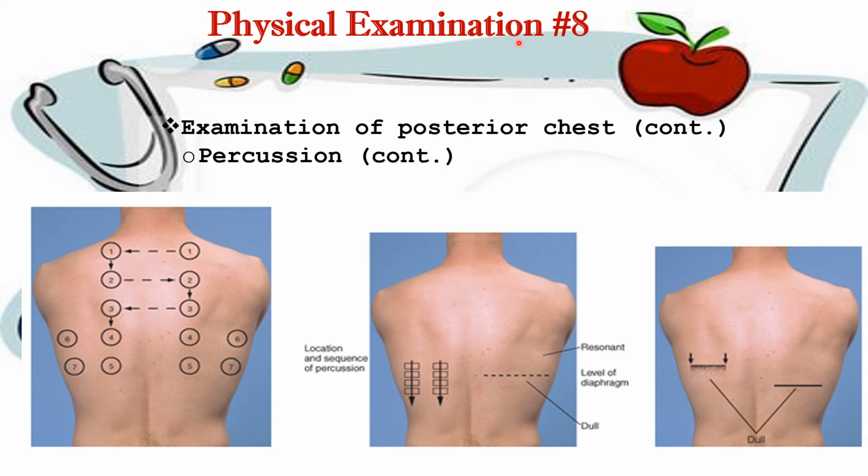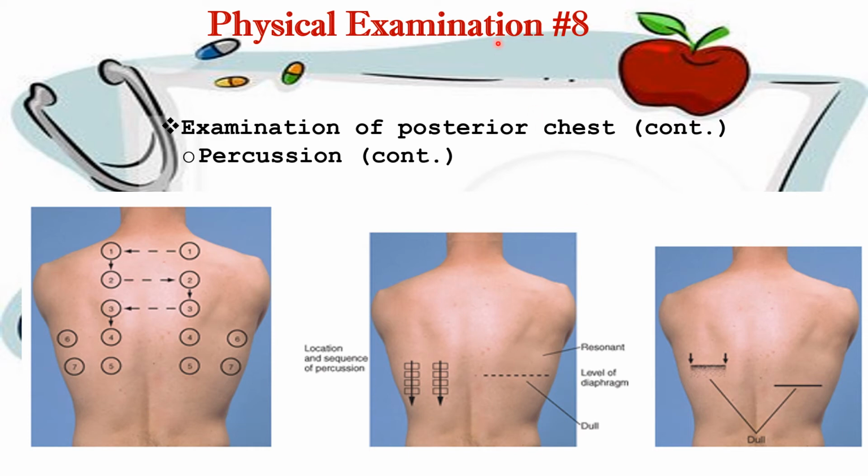So to identify the diaphragmatic excursion, okay, first you have to determine the level of diaphragmatic dullness during quiet respiration. And then again, using your percussion technique, you have to percuss downward in progressive steps until dullness clearly replaces resonance.